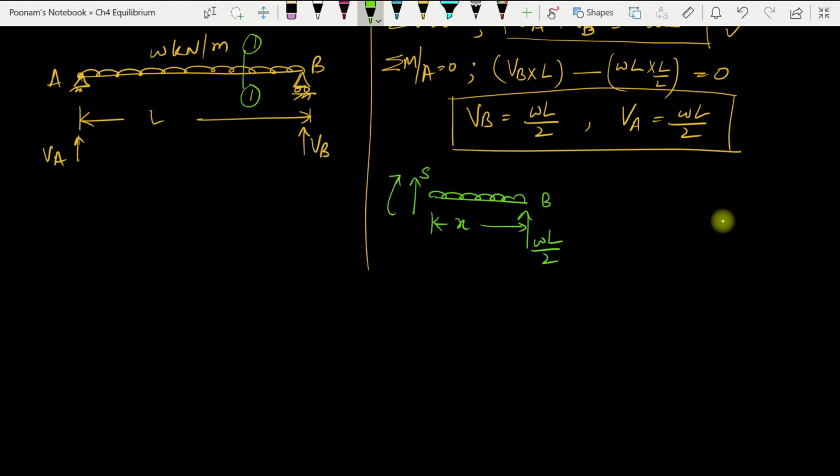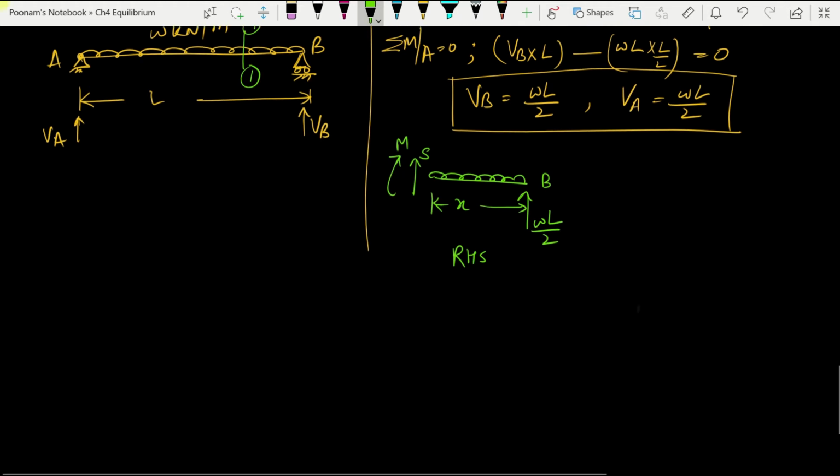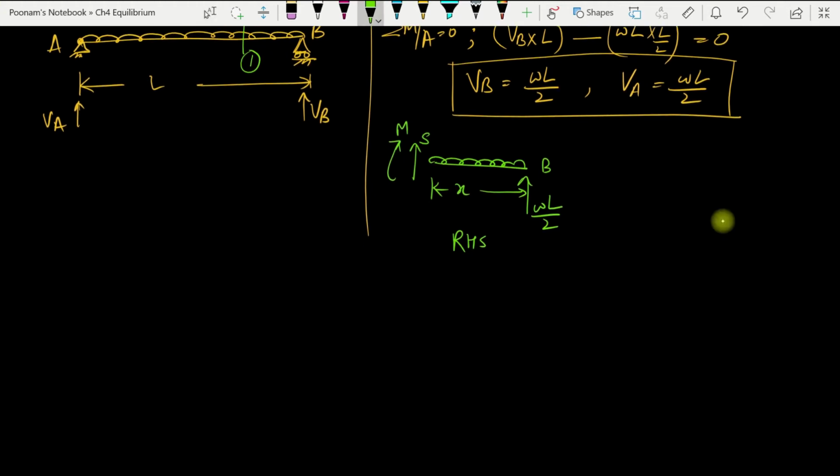So my shear force and bending moment, since I am taking the right hand side portion of the section, so this is section 1-1. Now I am going to apply the equilibrium equation over this section. I'll call this point x.